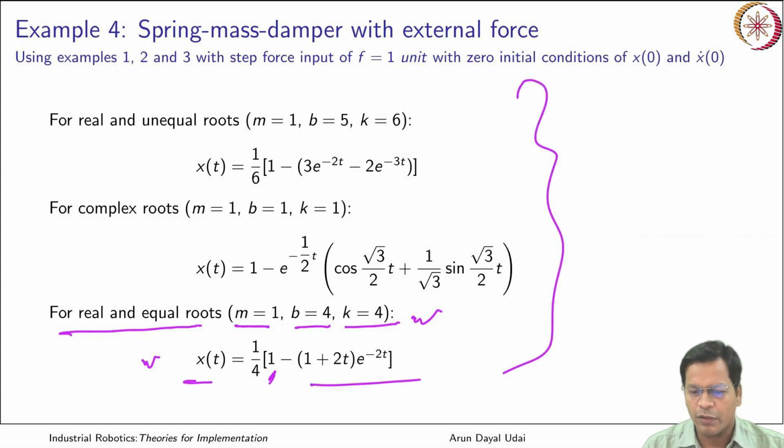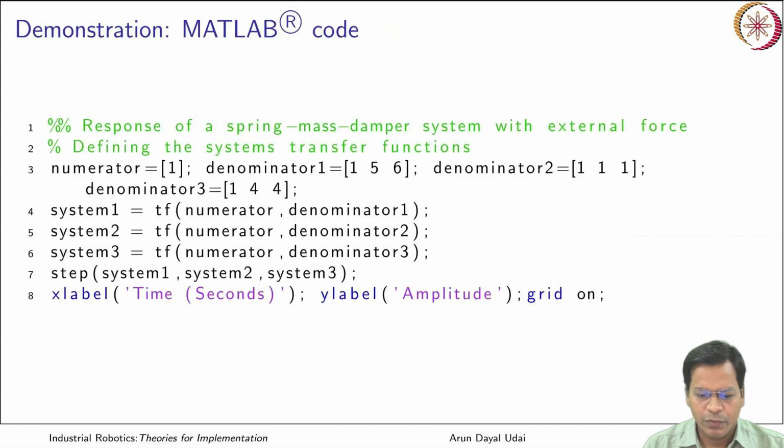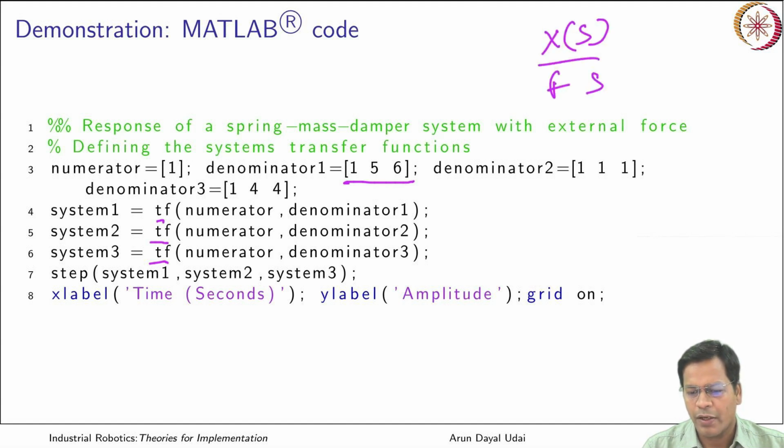So now I'll plot all of them. Okay, so this time I am using a different way to plot it. I am defining it as a transfer function, the way we discussed in the first class. Okay, so this is your first denominator, that is basically Xs, that is the output by Fs. So this becomes your transfer function.